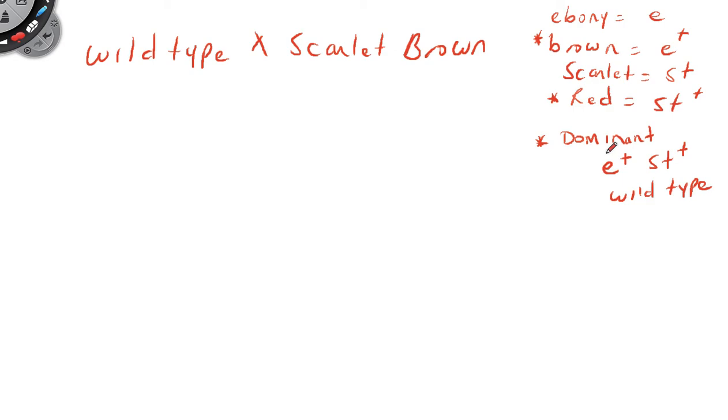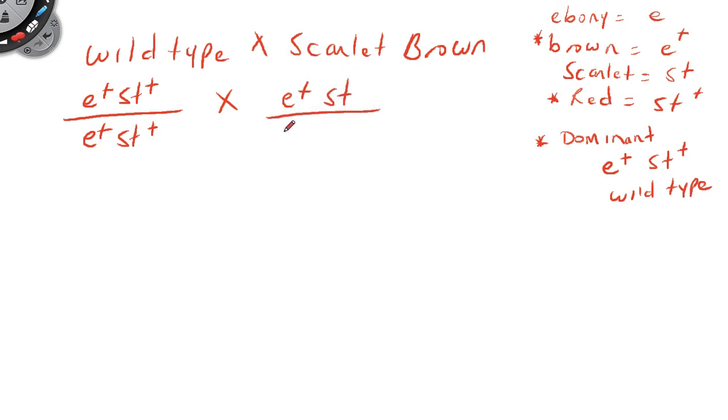So what if you are crossing a homozygous wild type like this with a scarlet brown? So that means the only way you can get a scarlet brown is brown would be here, and scarlet here, and brown here, scarlet here. So let's say I'm crossing a homozygous wild type with a homozygous scarlet brown.